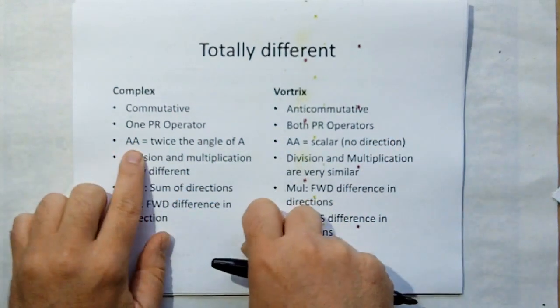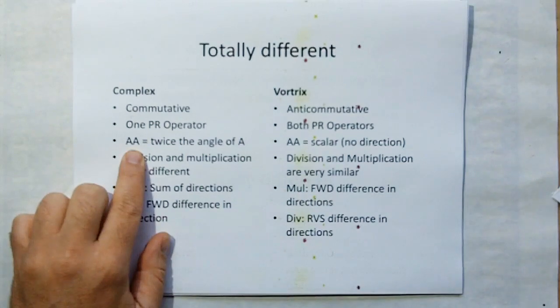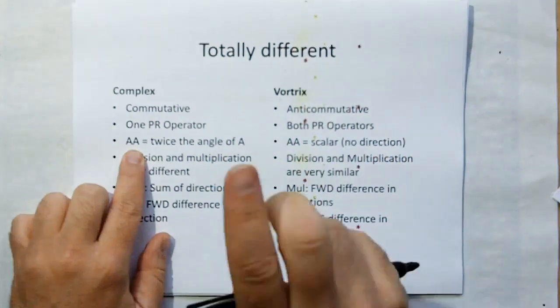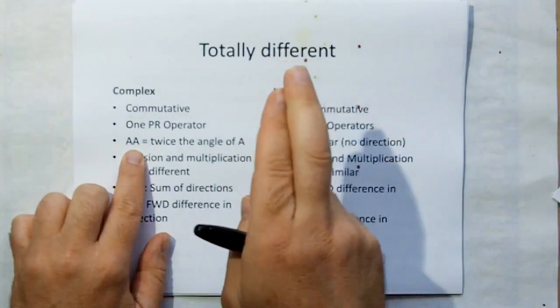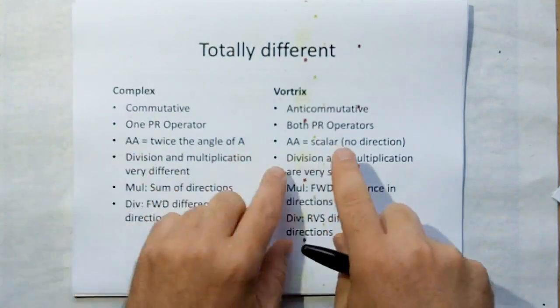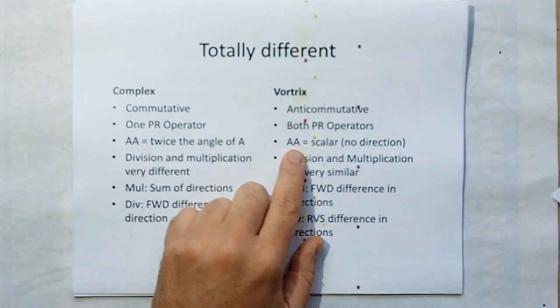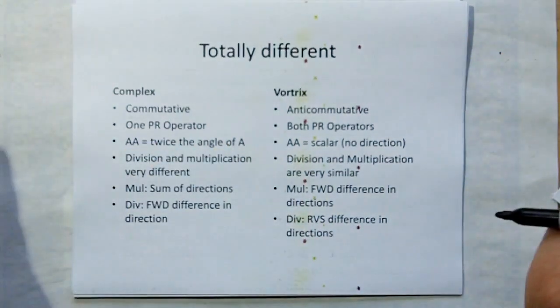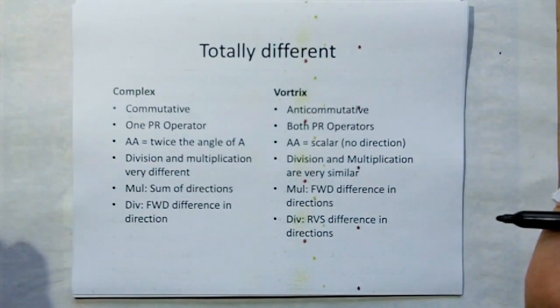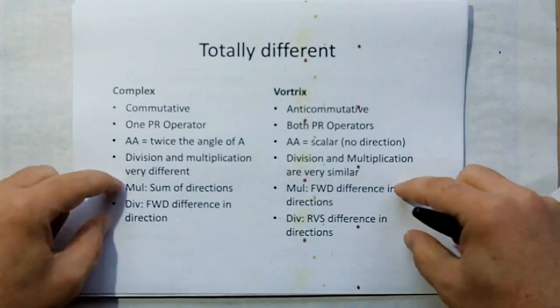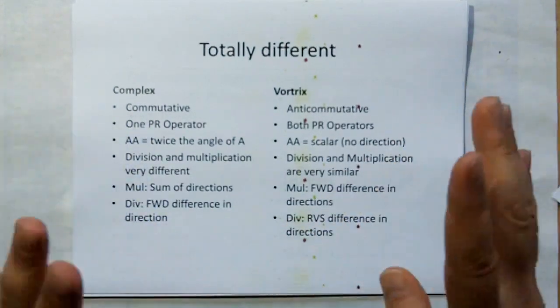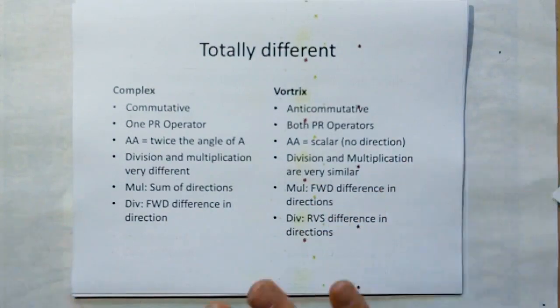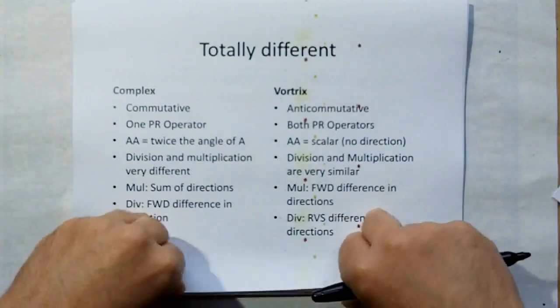Squaring a vector in complex numbers results in a vector with the square magnitude but twice the angle of A, whereas a squared vector in Vortrix algebra has the same magnitude, A squared, but it comes out as a scalar, with no direction. The differences between multiplication and division, you can read on your own. It's amazing, just by changing the signs, we have a totally different animal.